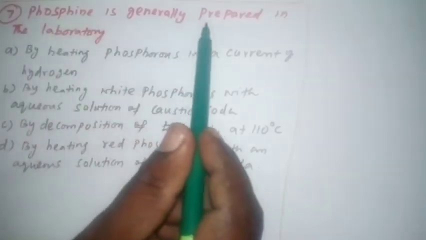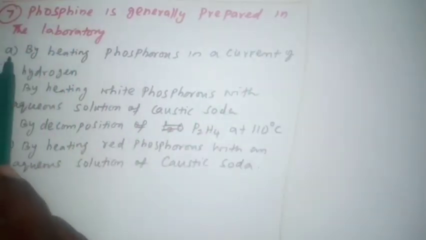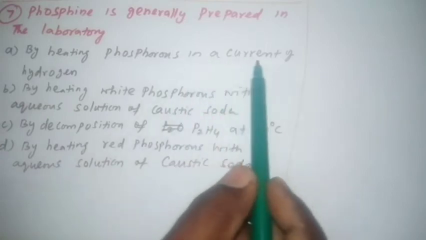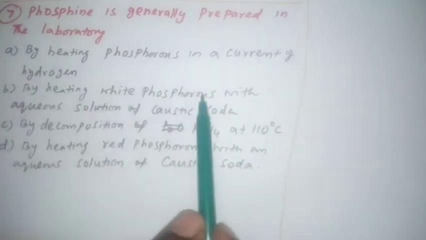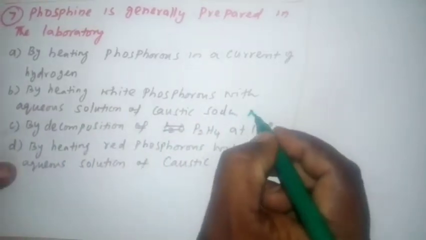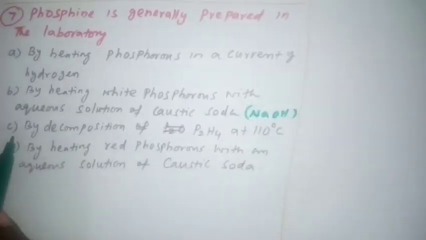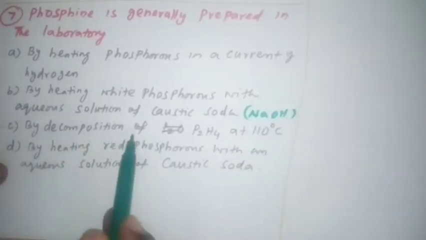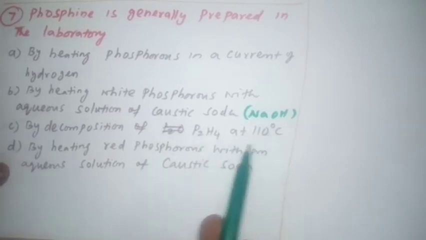Phosphine is generally prepared in the laboratory: option A, by heating phosphorus in a current of hydrogen. Option B, by heating white phosphorus with aqueous solution of caustic soda. Caustic soda, that formula is NaOH, sodium hydroxide. Option C, by decomposition of P2H4 at 110 degrees Celsius.